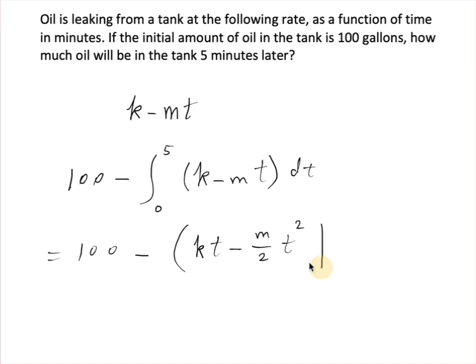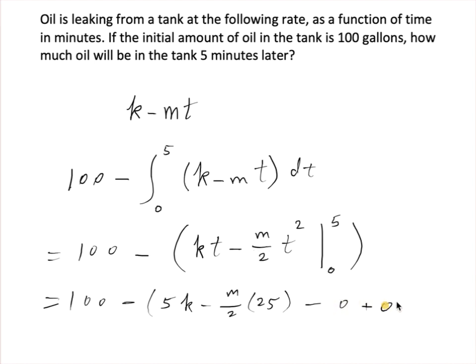So this is to evaluate at 0 at the beginning, and at the end 5, and subtract. So this is equal to 100 minus, plug in 5 for t, so you get 5k, minus m over 2 times 5 squared, which is 25, and then minus, plug in 0, minus 0, and then minus of the other 0, which is really plus 0.